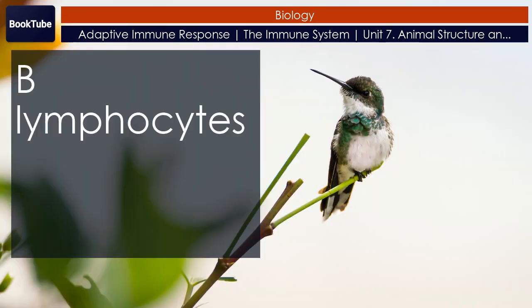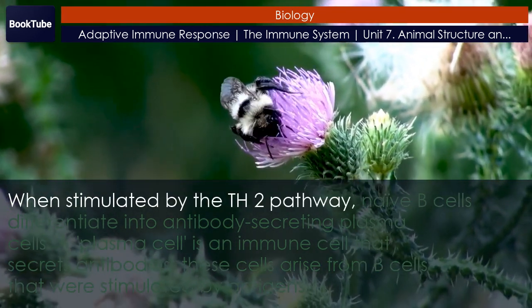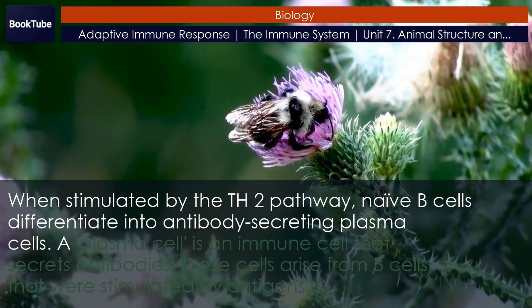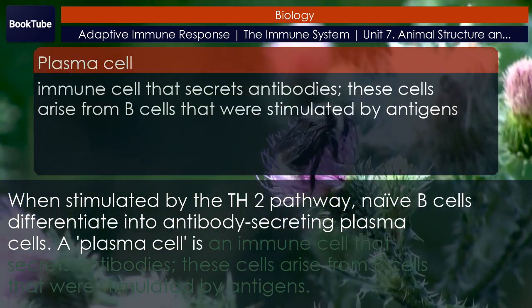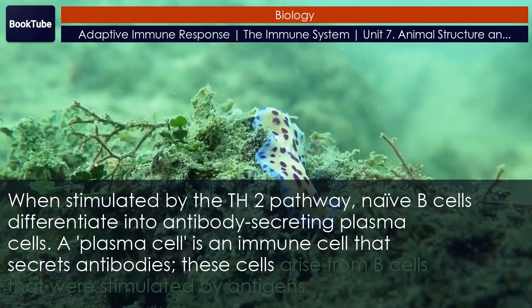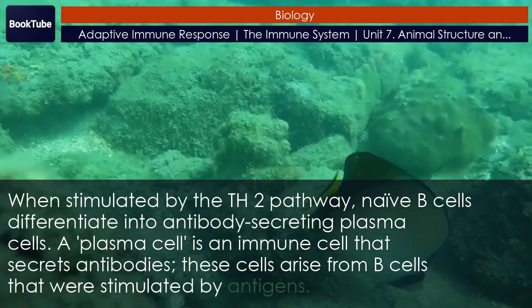B lymphocytes. When stimulated by the Th2 pathway, naive B cells differentiate into antibody-secreting plasma cells. A plasma cell is an immune cell that secretes antibodies. These cells arise from B cells that were stimulated by antigens.